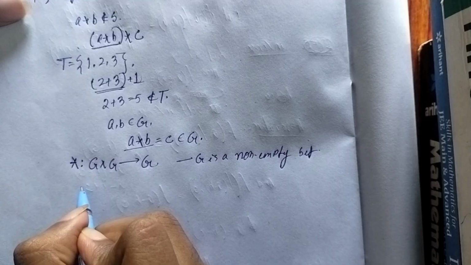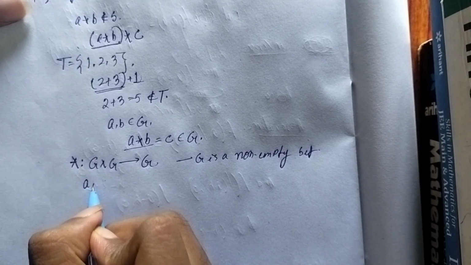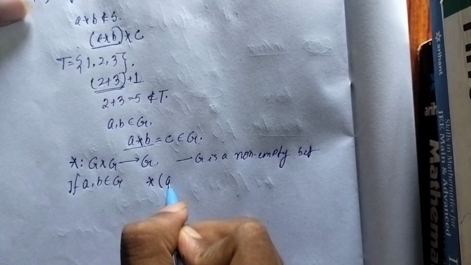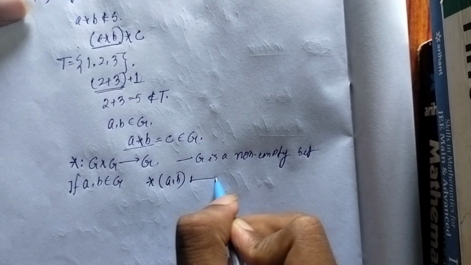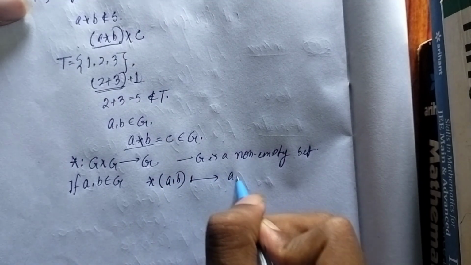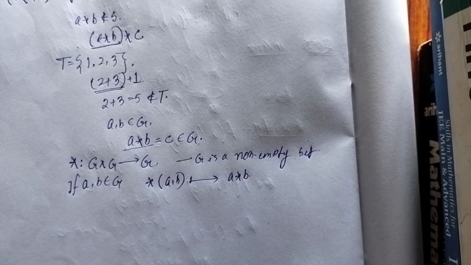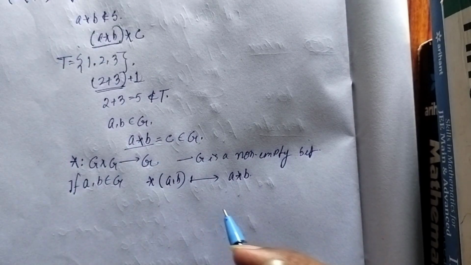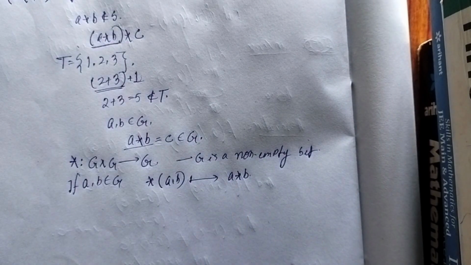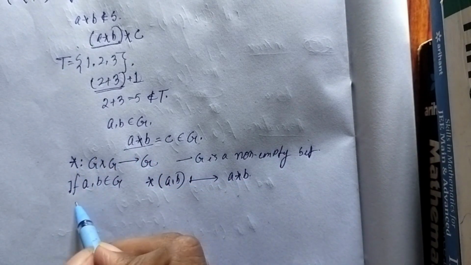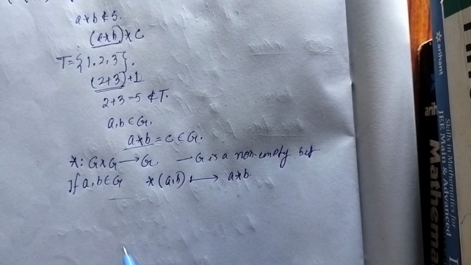Now just take a, b belongs to G. Then star of a comma b gives us a star b, the ultimate operation we want to do. So this gives us the definition of closure. This assures the closure. If this happens in a set, that's when we say that this set is closed.